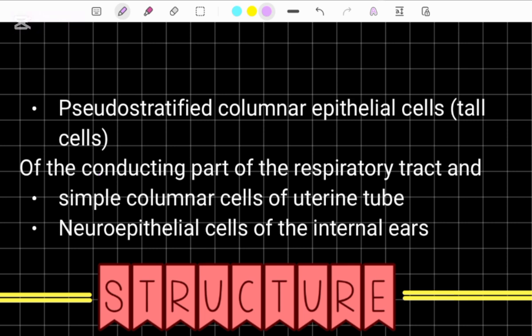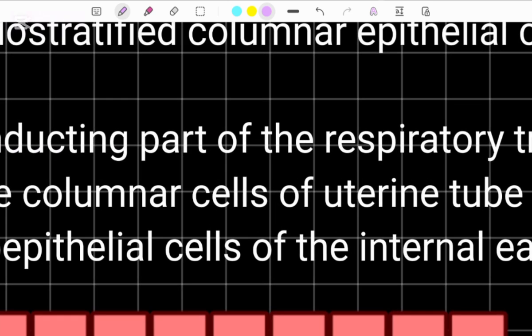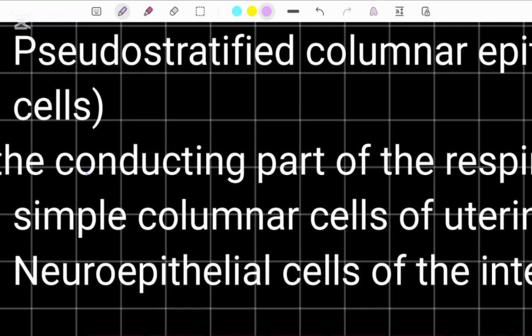We have discussed it in the pseudostratified columnar epithelial lecture. They are also present in the simple columnar cells of the uterine tube, and the neuroepithelial cells of the internal ears. Have you noticed something over here, that this type of modification is present on the columnar cells?